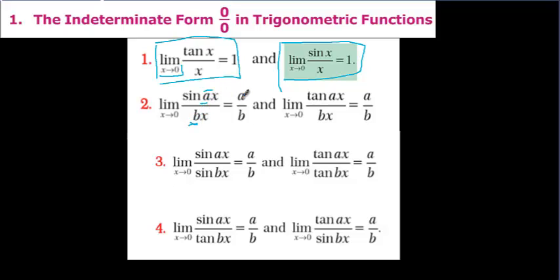A over b is the result: sine ax over sine bx is a over b, tangent ax over tangent bx is a over b, and these are all for x tends to 0. Here are very simple examples.